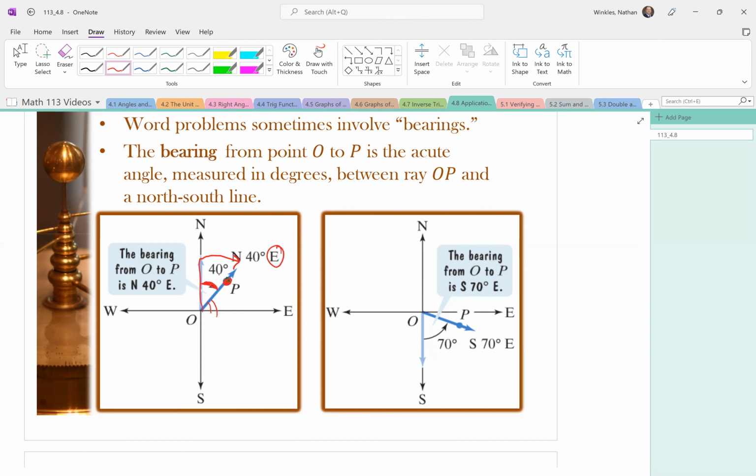We can also do this with a south line. So this is south, 70 degrees east, gives us this angle here. So we just have to think about where we're at and what we're doing with each one of these here.